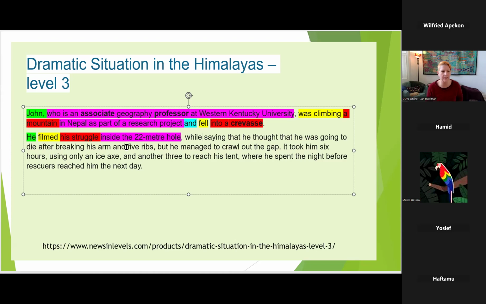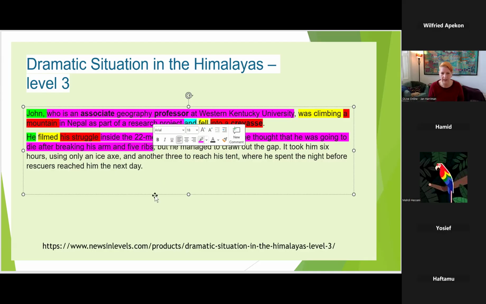Now why would I say while? It's saying that something happened at the same time. So while he was filming his struggle, he was saying that he thought that he was going to die. So this is actually a clause of something that happened while he was filming this. Does that make sense? Can you see how that works?